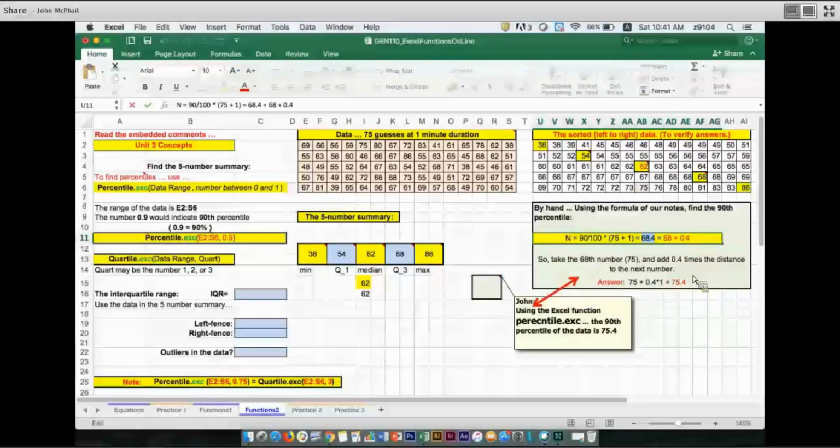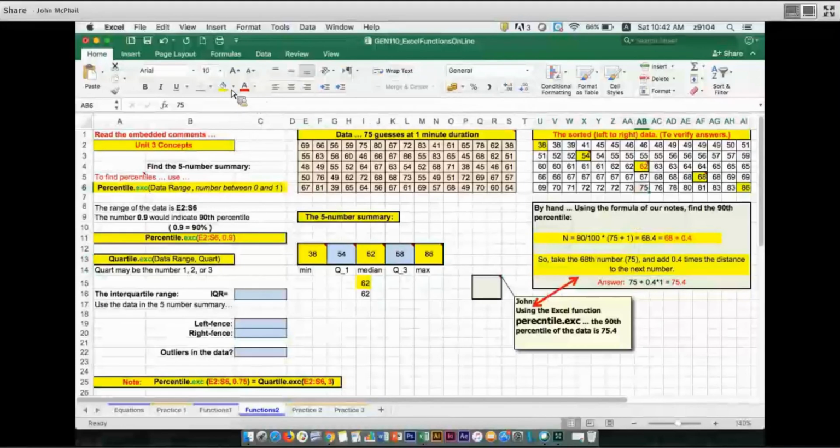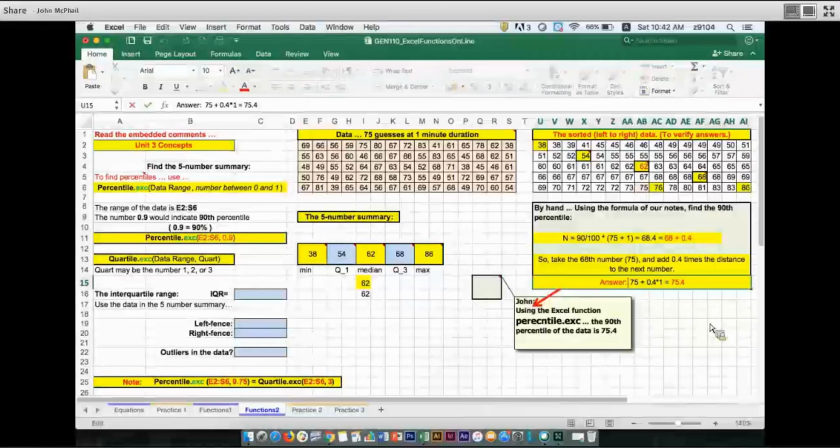We break this up into 2 pieces, 68 and the 0.4, and interpret it to mean the 68th number plus 0.4 times the distance to the next number. The 68th number is highlighted, it's 75. The next number is 76. The distance to the next number is 1. And so our answer for the 90th percentile would be 75 plus 0.4 times the distance to the next number, which is 1. And so our answer is 75.4.